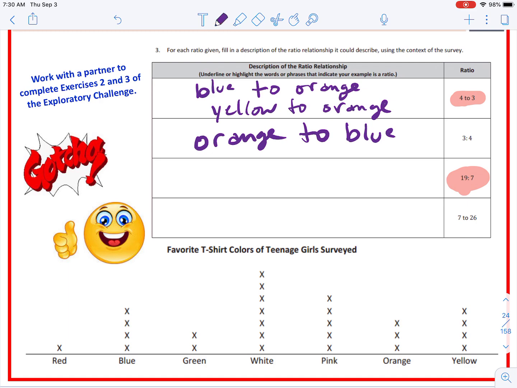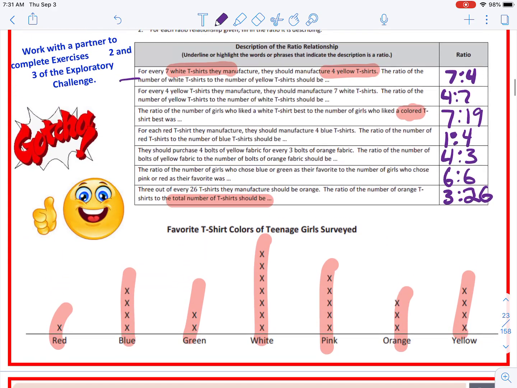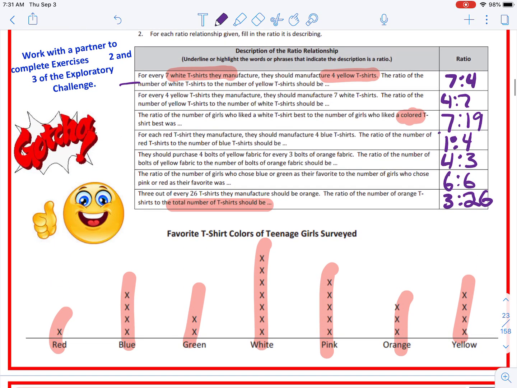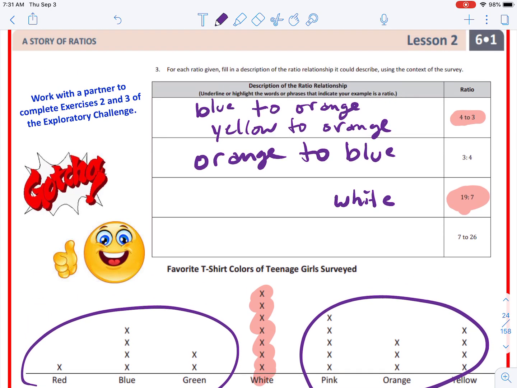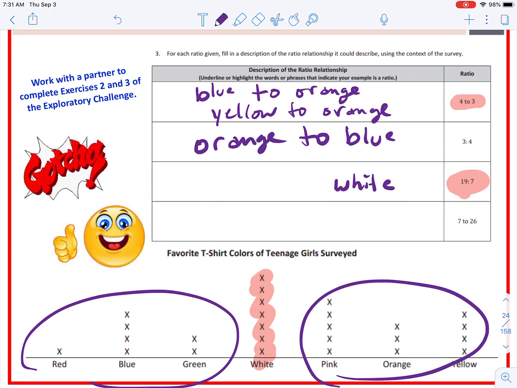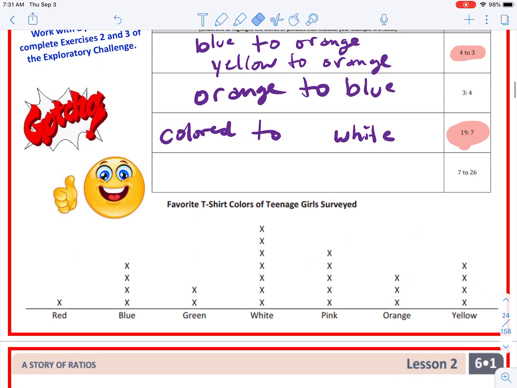Okay, so we already know that there are 7 white t-shirts, so that's going to be our second number, or our second description. So 19 we remembered from the last one was the colored t-shirts, all of these together. So what we're going to describe it as is colored to white. Colored t-shirts to white t-shirts.